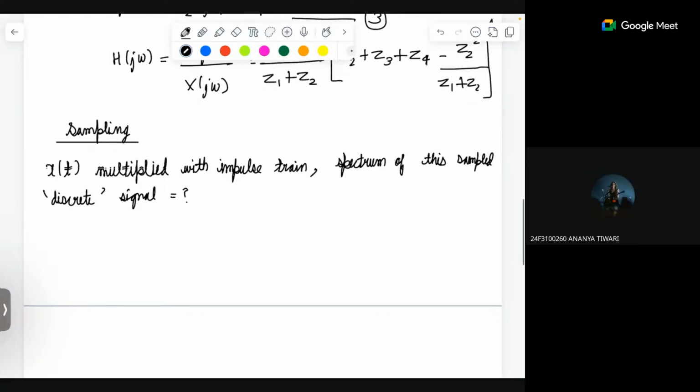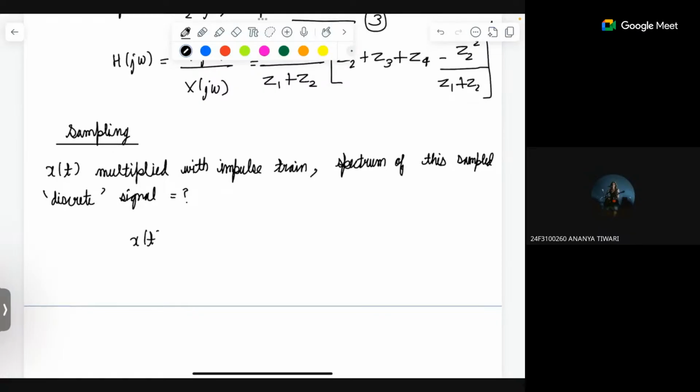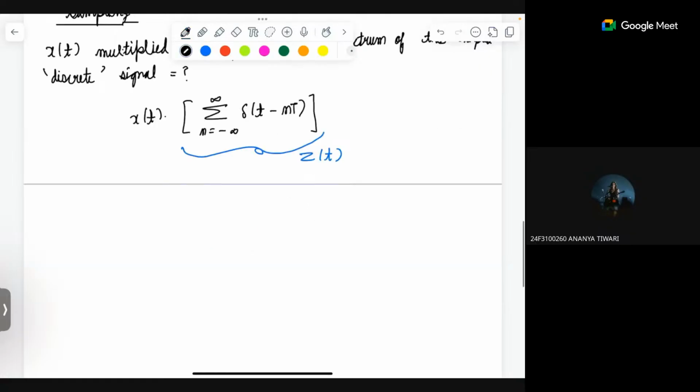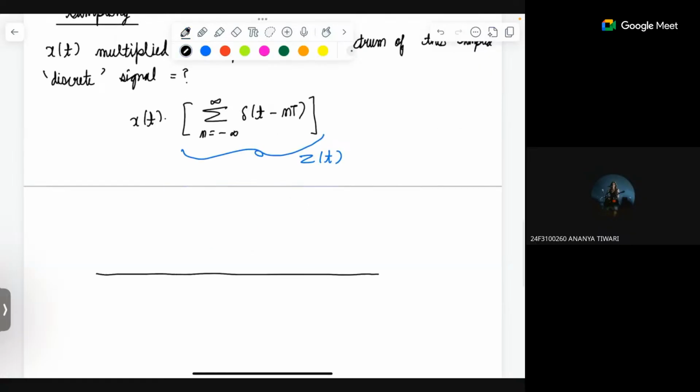So I have x of t and it is multiplied with this impulse train, which is represented like this: sum from minus infinity to infinity of delta of t minus nT. So I will call this as z of t. I will draw z of t for you here. This is z of t versus time t.